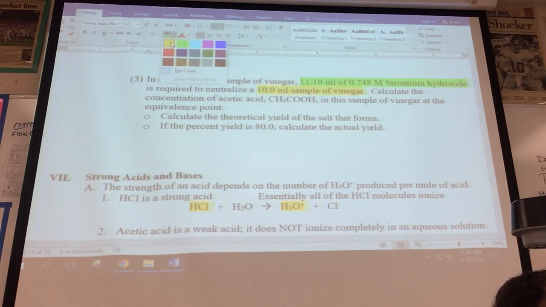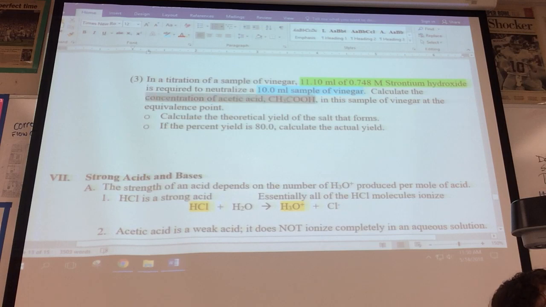Vinegar is serving as the acid. Vinegar contains acetic acid. And we want to determine, I usually put my unknown in yellow, so let's go blue here. Calculate the concentration of the acetic acid in this sample of vinegar at the equivalence point.